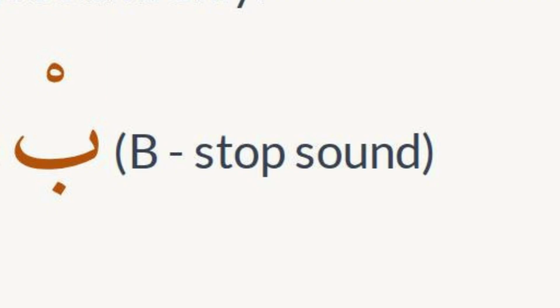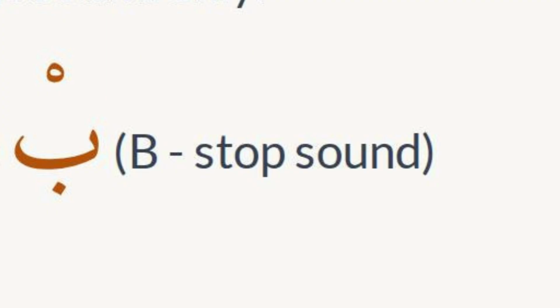And we have a sukun. A sukun means silent. We use it to indicate that we don't have a vowel here. The sukun is a small circle and it's placed above the letter to indicate the absence of the vowels.